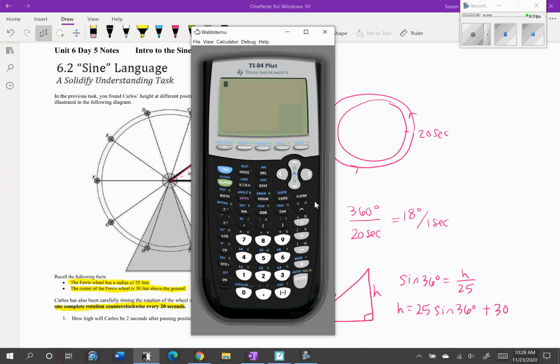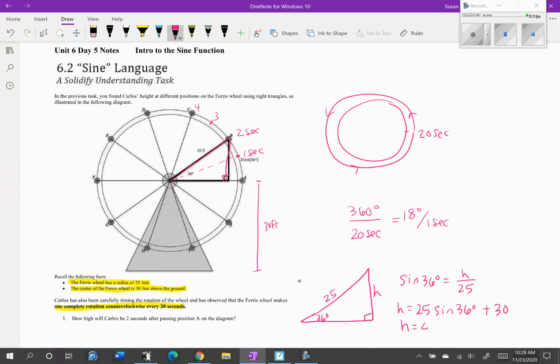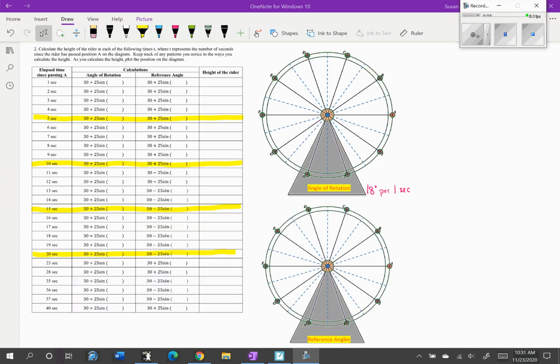When I plug this in, we have 25 times the sine of 36 degrees plus that 30 feet from the ground. That gives us 44.69 feet. So that is how high Carlos is going to be.